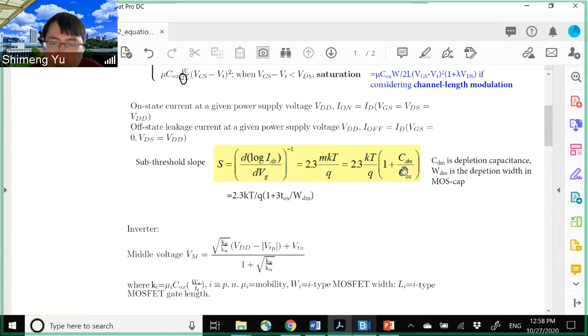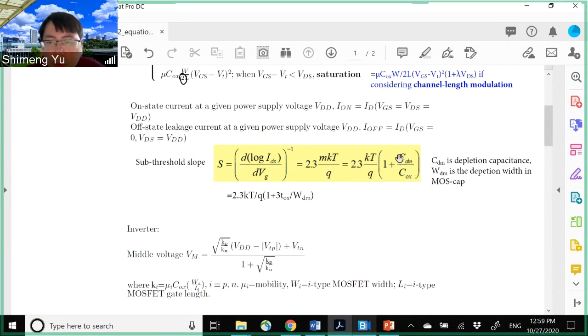So if you want to derive further, what matters here is that COX is related to the thickness of the oxide, and the depletion capacitance, CDM, is related to the depletion width. WDM is the depletion width in the MOSFET. This is what we discussed in lecture 8.